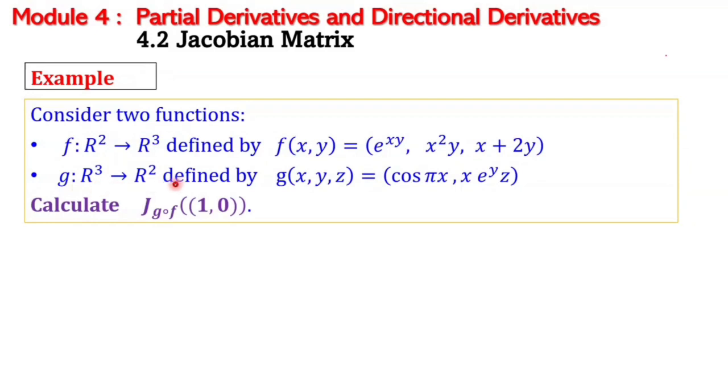And g is from R^3 to R^2, defined by cosine of pi x and x e to the power y. Then we have to calculate the Jacobian of the composition of these two functions at the point (1, 0).